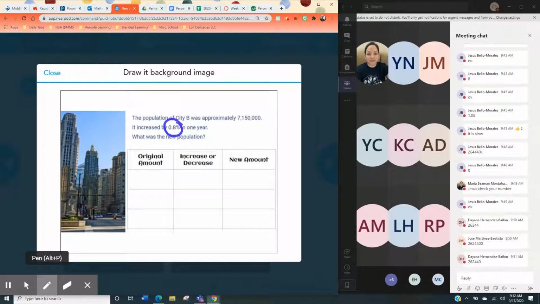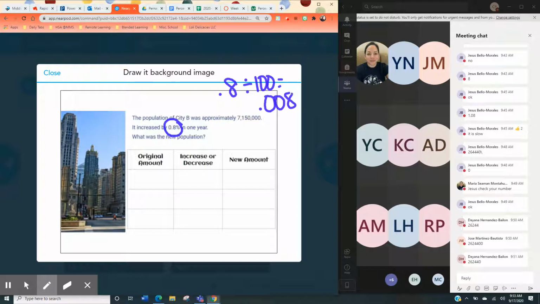No. When you have a number like this that has a percent behind it, you still have to do 0.8 divided by 100 so that you know what decimal it is, because the decimal is now 0.008.